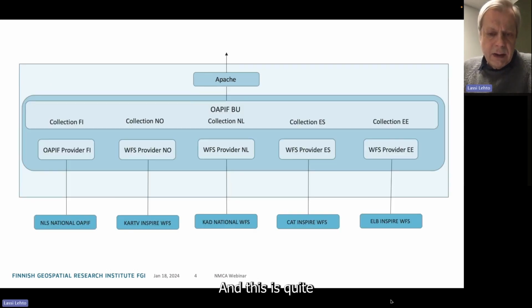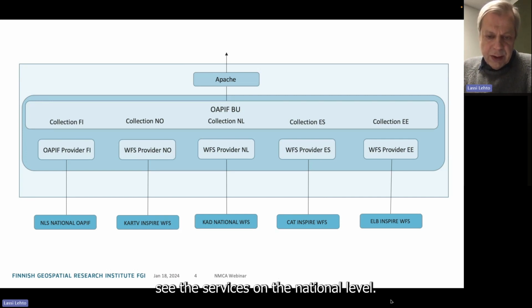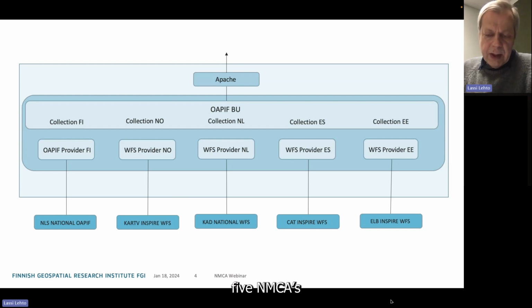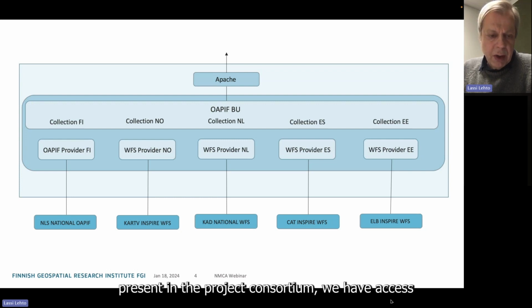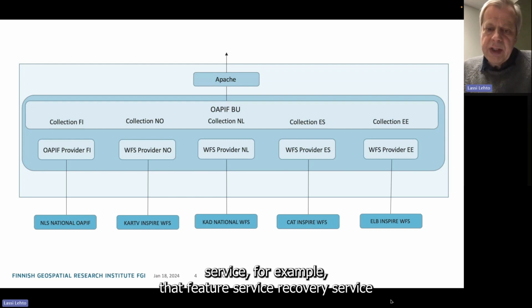And this is quite an important illustration describing the idea. At the bottom, you see the services on the national level. So in each of the participating countries, in this case, we have five NMCAs present in the project consortium. We access the national level services that are mostly legacy implementations, for example, web feature service or web coverage service.